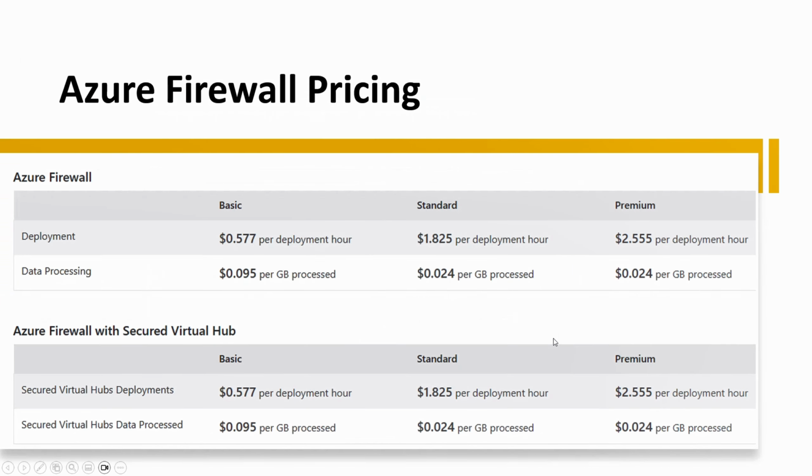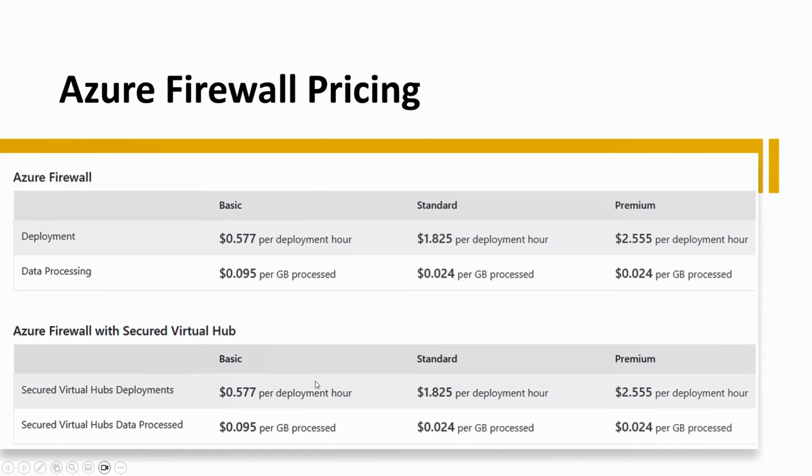On the next slide, as you can see, for the deployment itself, if Azure Firewall Basic, Standard, and Premium are running, they will be charged per hour for the deployment. And if they are processing data when the traffic is going through Azure Firewall, the charges are different for each type of firewall. As we have discussed, when Azure Firewall is deployed in virtual WAN, it is deployed in forced tunneling mode.